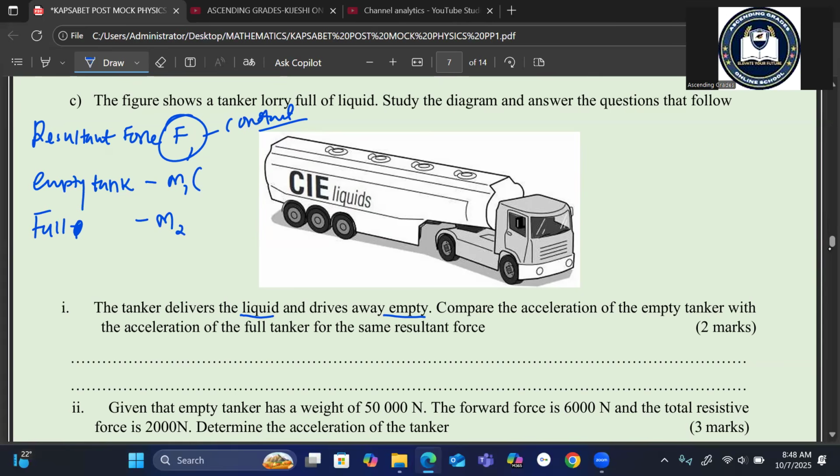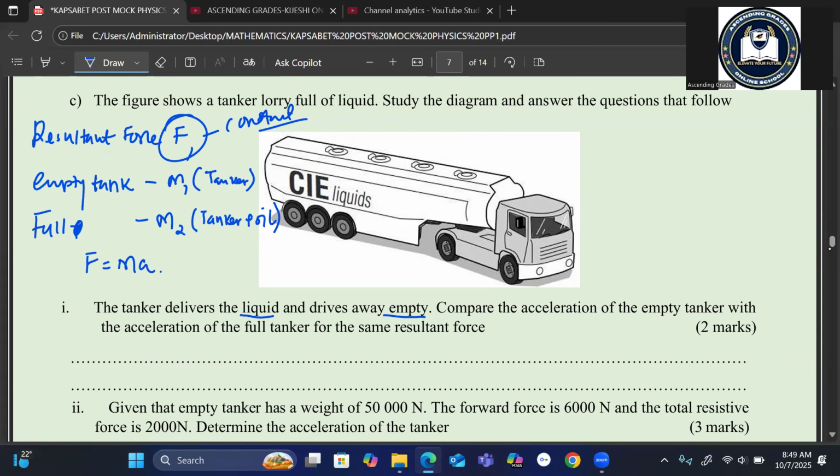So, for those who may not understand fast, let me include this one. This is the tanker alone, and this is the tanker plus oil. Therefore, we know that the resultant force F is always given by MA.